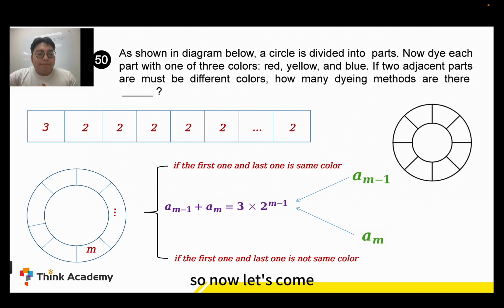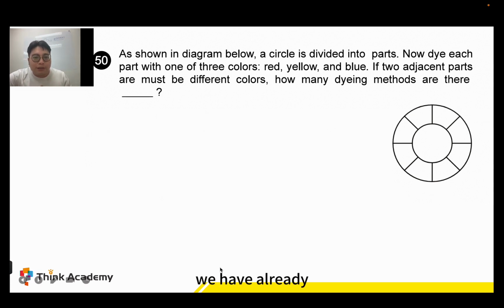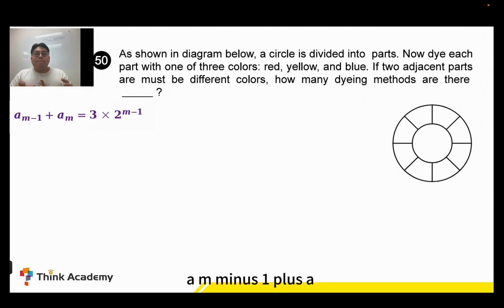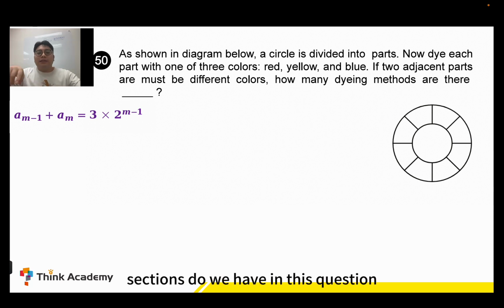Now let's come back to our question. We already know that a(m−1) plus a(m) equals 3 times 2 to the power of m minus 1. How many sections do we have in this question? 8.